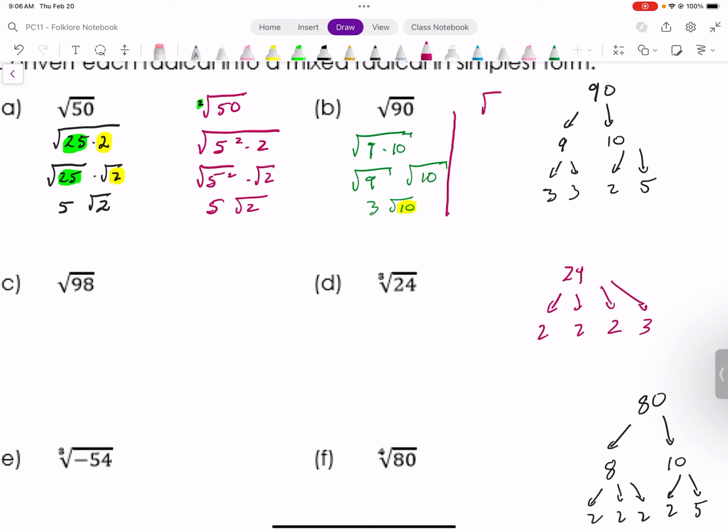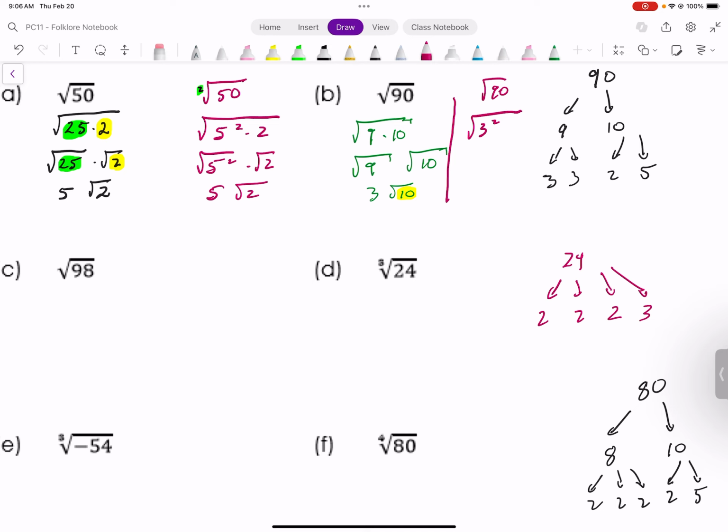This is the square root of 90. I'm going to split it into its prime factors, which I've already done over here beforehand. Since it's a square root, I group two factors of 3, times 2 times 5.